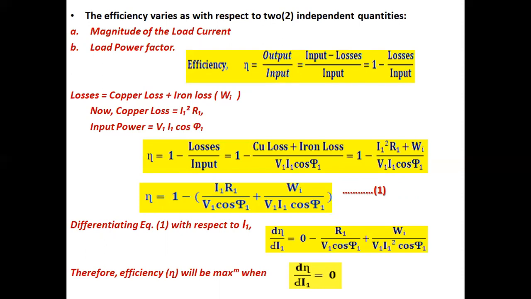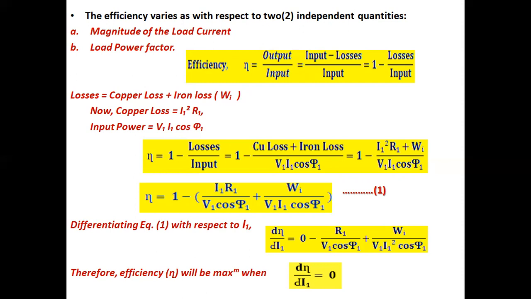Efficiency equals 1 minus losses divided by input, that is 1 minus copper loss plus iron loss divided by V1 I1 cos phi 1, equals 1 minus I1 square R1 plus Wi, that is iron loss, divided by V1 I1 cos phi 1.